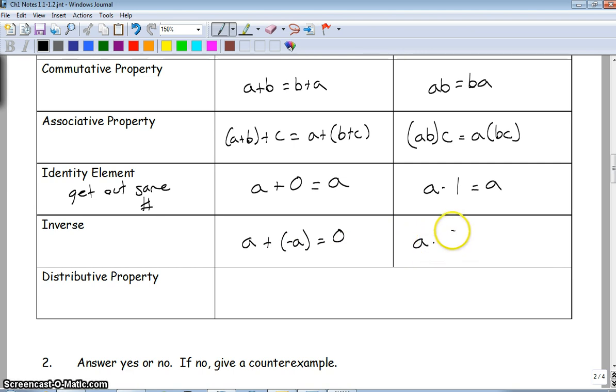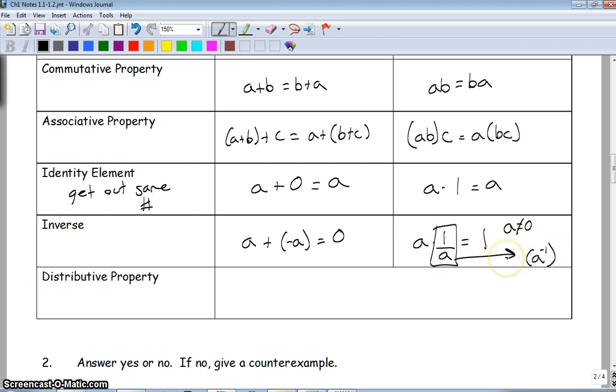Well, if I want a 1 and I have A, I have to divide by A, or it's the same thing as multiplying by 1 over A. Now for this one, A cannot be 0 because you cannot have a 0 on the bottom, so the number 0 can't be used in this example. And another way to write inverse would be A to the negative first. This is the same thing as this one.